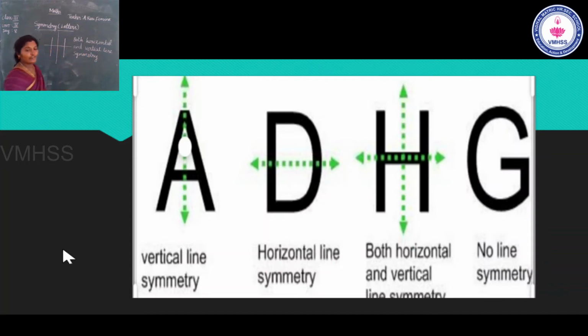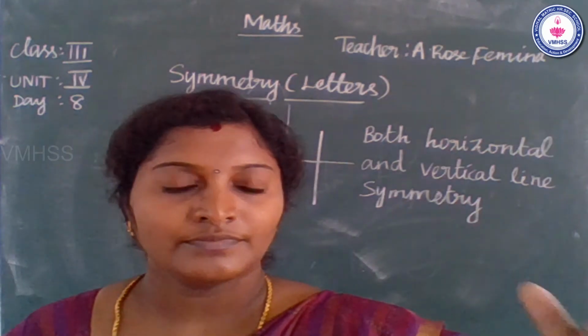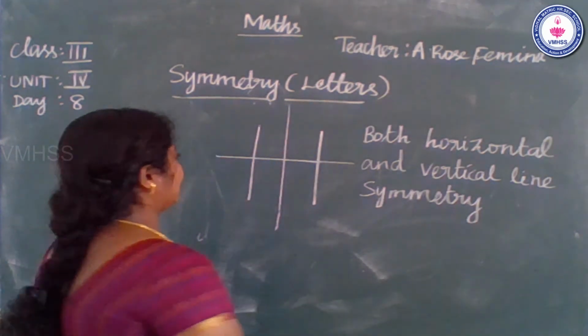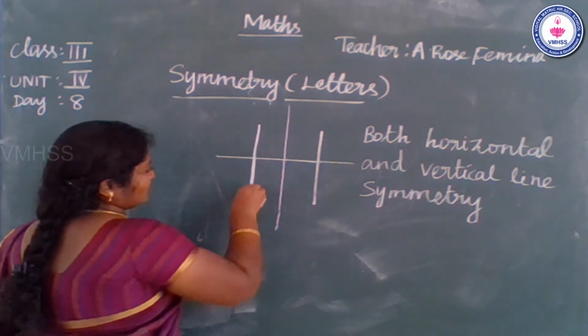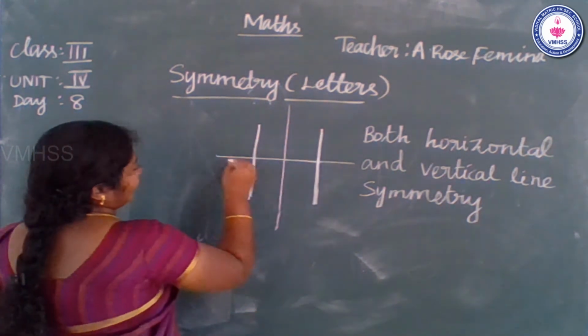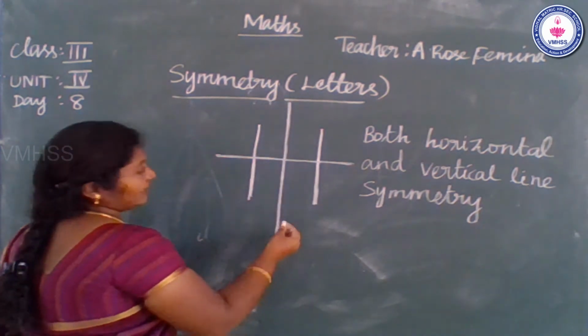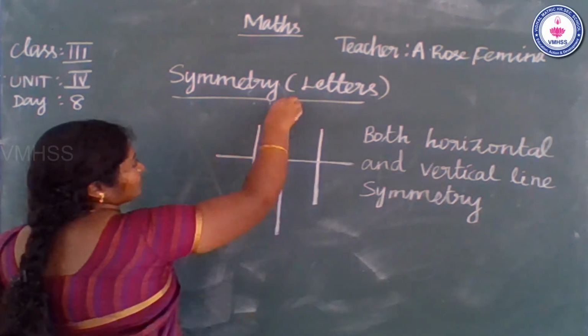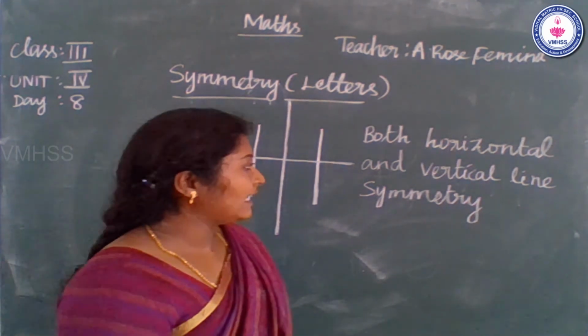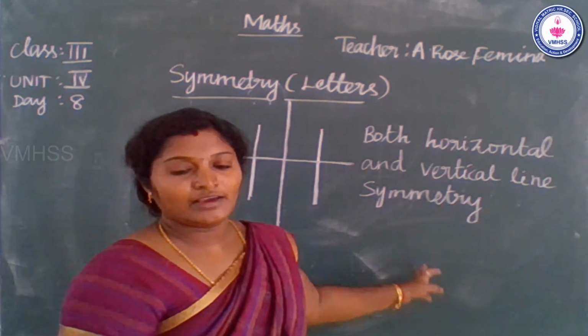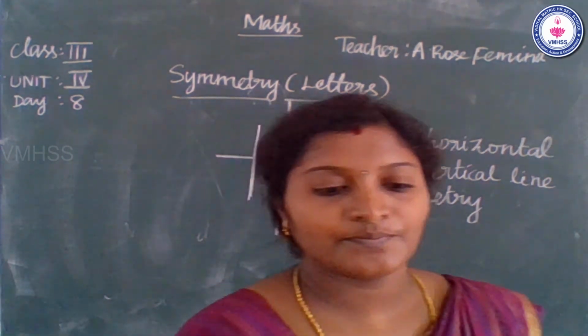Listen carefully: the letter H has both horizontal and vertical line symmetry. See the board. Divide the line, so this is a symmetric line. Both horizontal and vertical line symmetry.